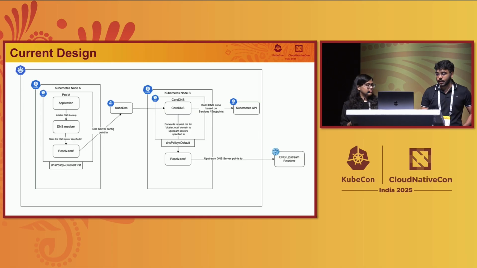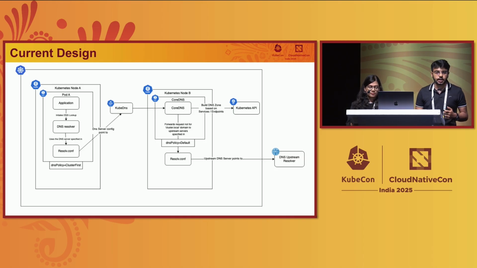Now let's look at the current design for DNS in Kubernetes clusters. We have an application deployed as a pod, and this initiates a DNS lookup. And this request is sent to the local DNS resolver. Now, local DNS resolver, looking at this request, finds that the DNS policy of this pod is cluster first. Hence, it forwards this DNS request to kubeDNS cluster IP.